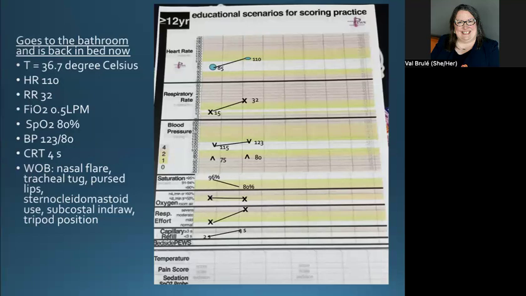You see that she's now having nasal flare, tracheal tug, pursed lip breathing, sternocleidomastoid use, subcostal indrawing, and she's sitting in a tripod position. You can see very nicely on the graphics how the vital sign changes. And even if you don't calculate it, I'm sure you're all imagining and can see that the score has gone up quite a lot. In fact, her score is now 18.